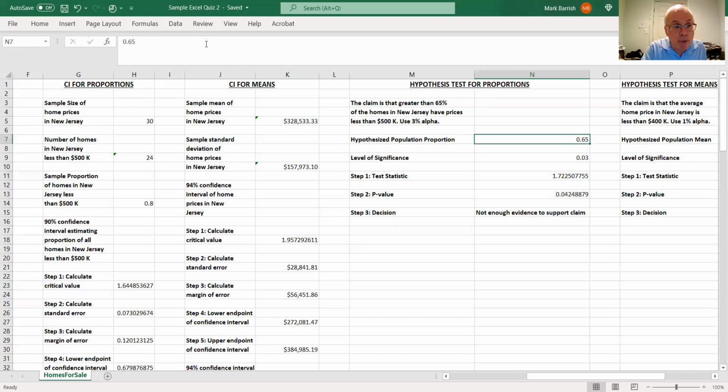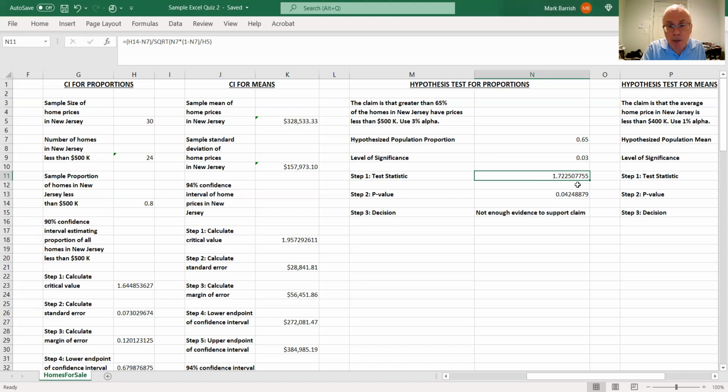That's the 0.65. So it's N7 times 1 minus N7. Again, don't put 0.65 in here. And then it's divided by the sample size, which is, of course, in H5. Make sure it's the square root of all that. That's in the denominator. That's your standard error, by the way. And you get 1.7225 as your test statistic.